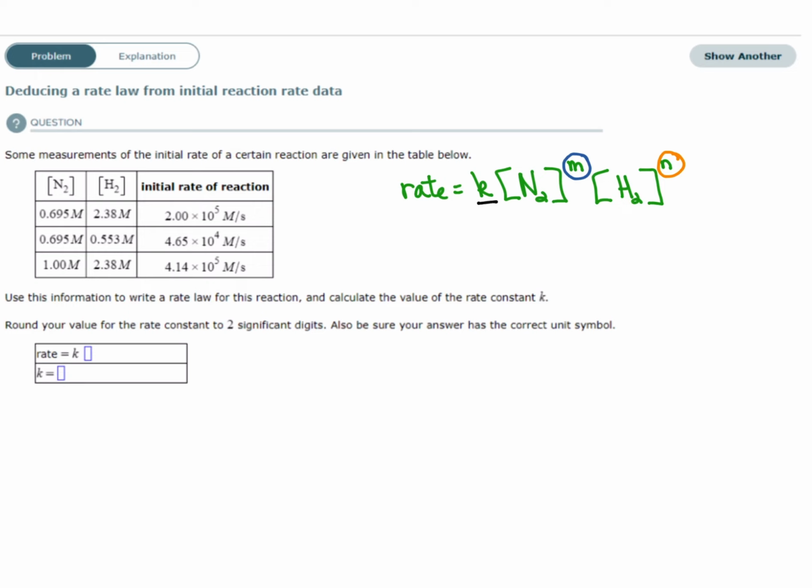For us to solve for M, I want to make sure that the concentration of H2 cancels out, so that I'm looking at trial 1 and trial 3. Trial 3 has a larger rate of reaction, so I'm going to divide trial 3 by trial 1.